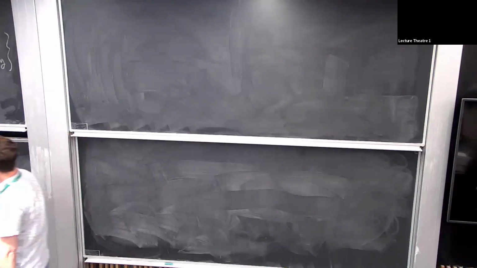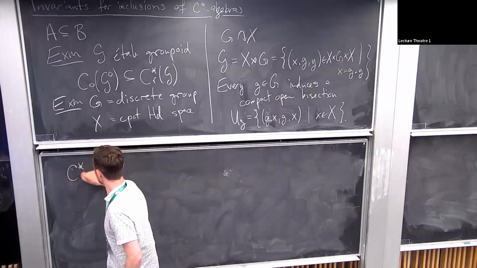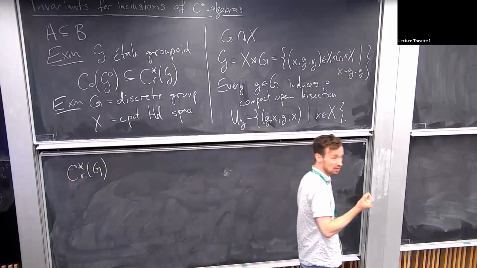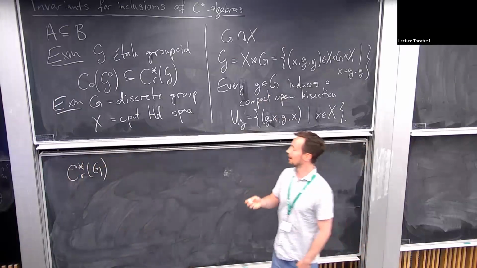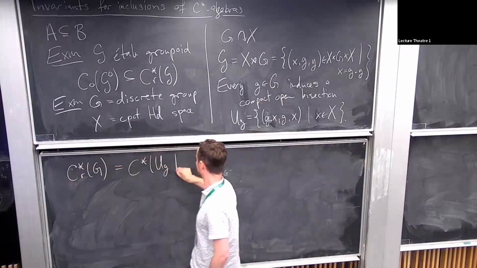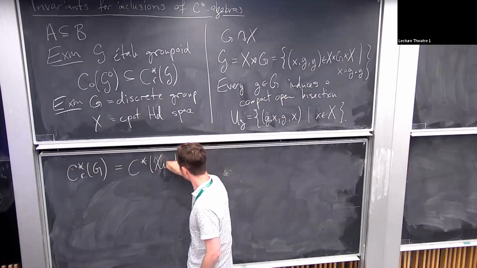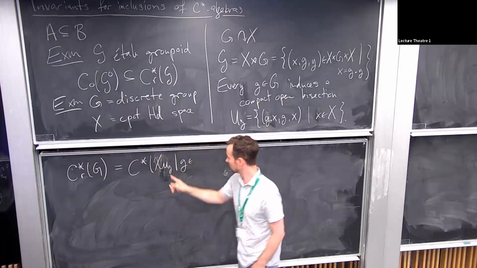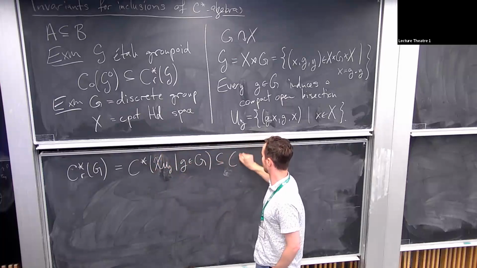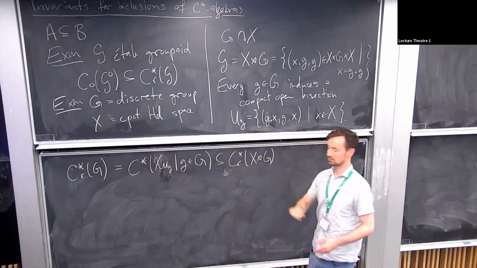And one thing we can do is think of the reduced group C-star algebra, just doing the reduced groupoid C-star algebra but with the group. This is just the C-star algebra generated by the indicator functions on these compact open bisections sitting inside of the groupoid C-star algebra.